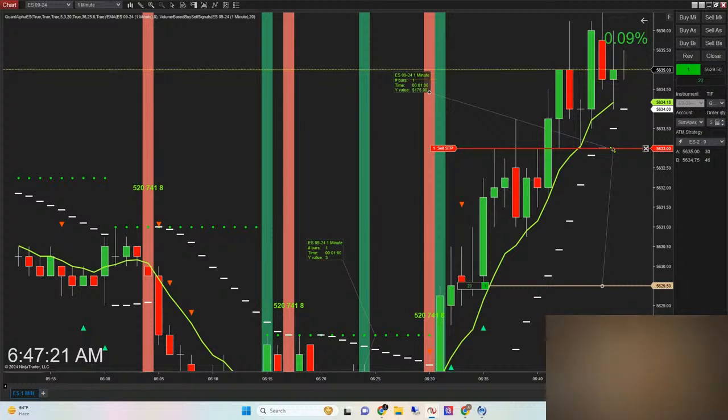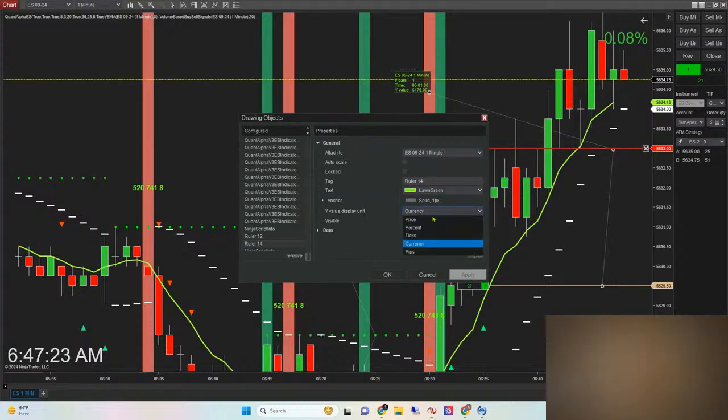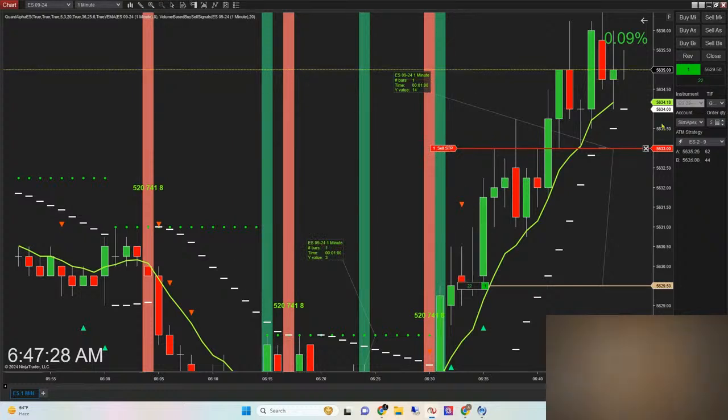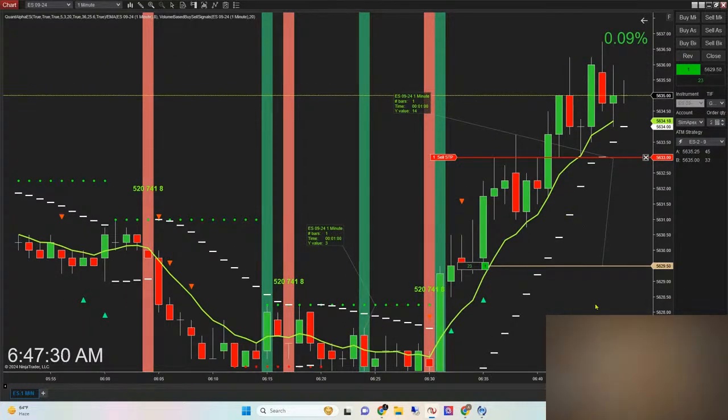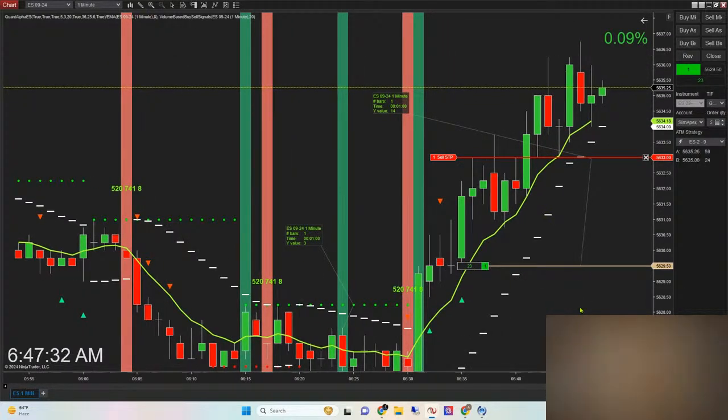And we secured now 14 ticks plus 8, right? So 22 ticks in profit.